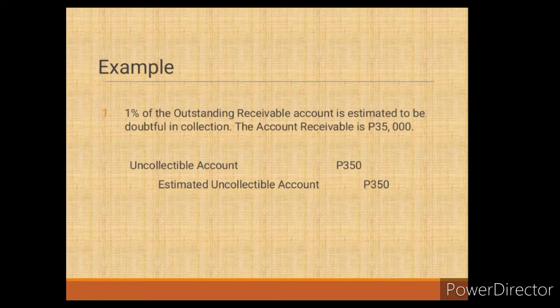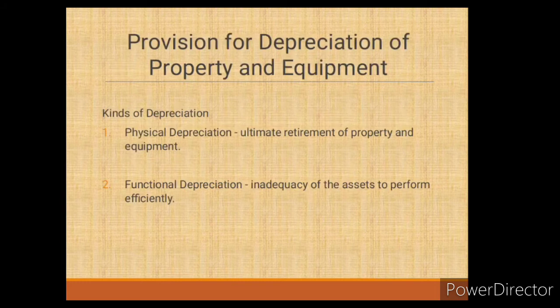The accounts receivable is 35,000. So what we are going to do is to multiply the outstanding receivable, which is 35,000, by 1%, which is doubtful in collection. Therefore, our entry will be a debit of uncollectible accounts 350 and a credit of estimated uncollectible accounts 350.